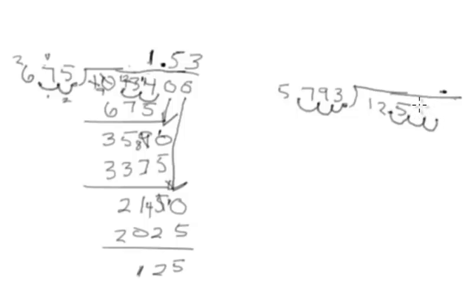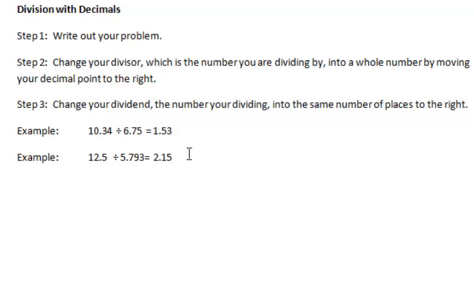So I fill that in with zeros. If you have that scenario, you just fill that in with zeros, and now you're dividing 5,793 into 12,500, and then you carry it out 2 places. I put your answer over here on this sheet, which should come to 2.15.